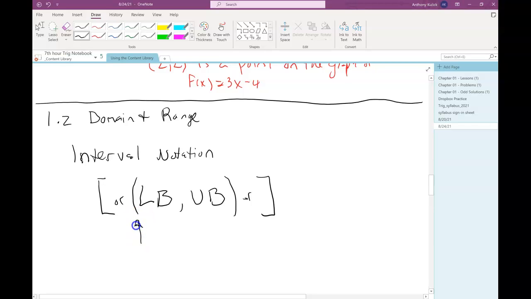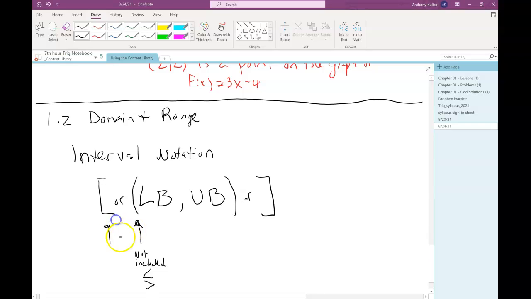The parenthesis indicates that the lower bound, that number, is not included in the set. That would frequently be because the set relationship involves a strict inequality, a less than or greater than.